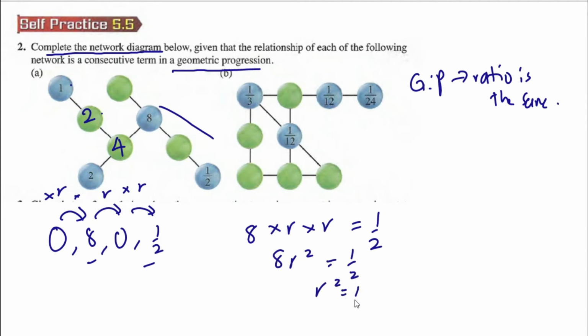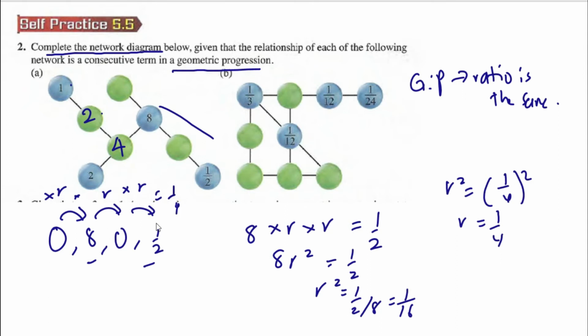R square is equal to half divided by 8, which is 1 over 16. So r square is equal to 1 over 4 square, because 1 over 16. So r is equal to 1 over 4. So if the ratio is equal to 1 over 4, then the box, 8 times 1 over 4 is equal to 2. Then this one is 2.